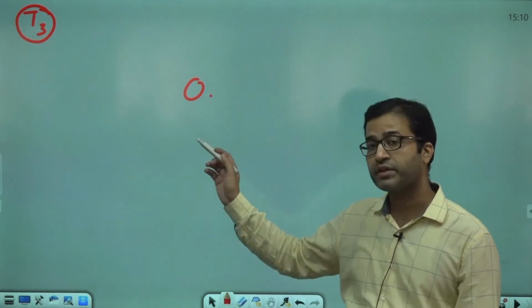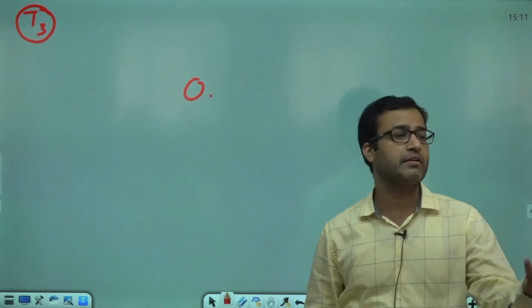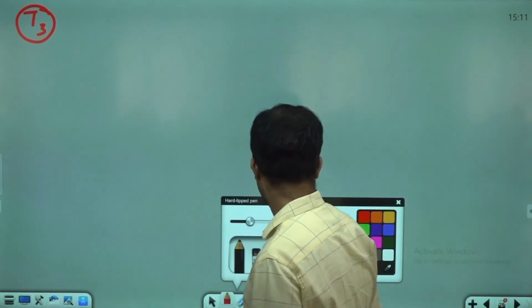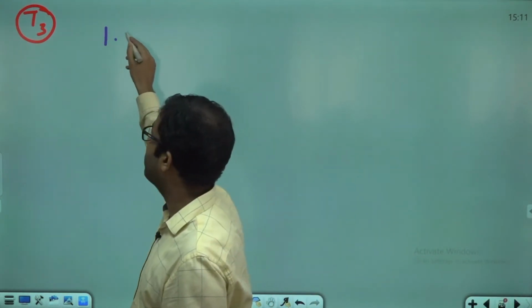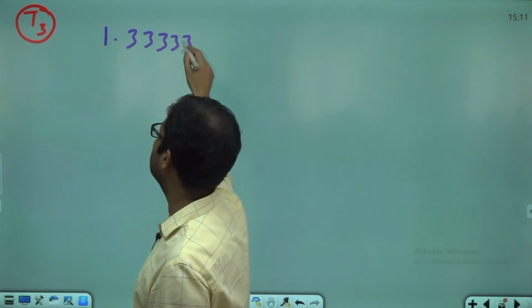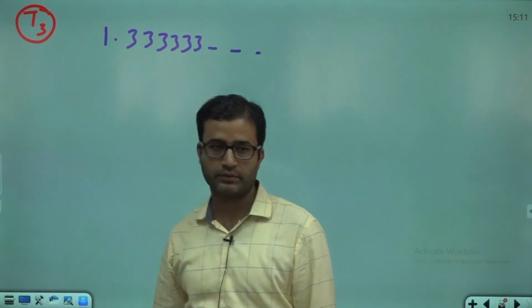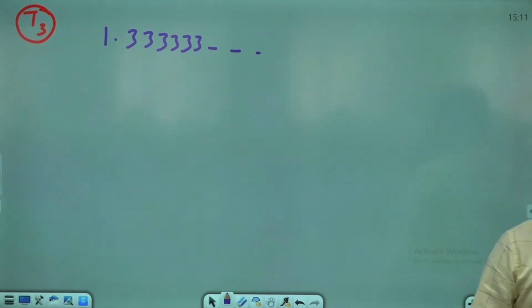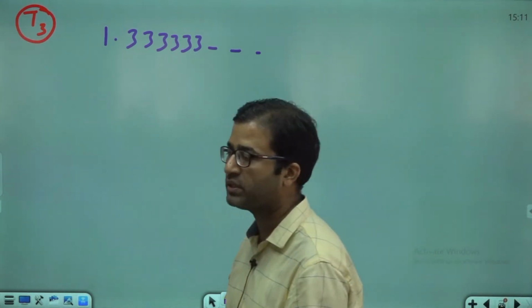Here in type 3, before the decimal also we will have some digit, okay. For example, 1.33333. Earlier 0.333, now 1 point. So before the decimal also we will have some digit.